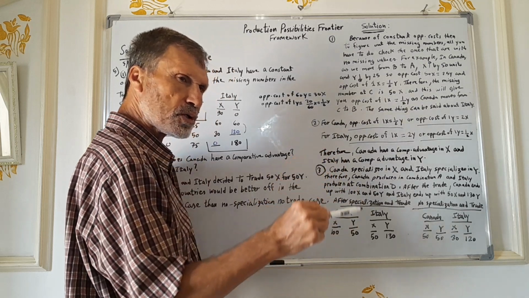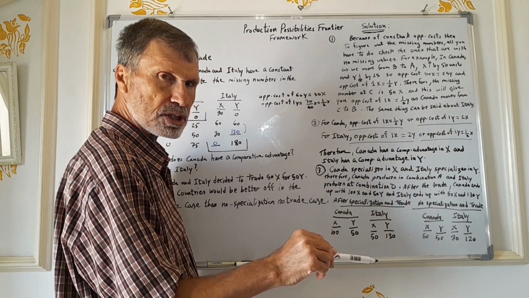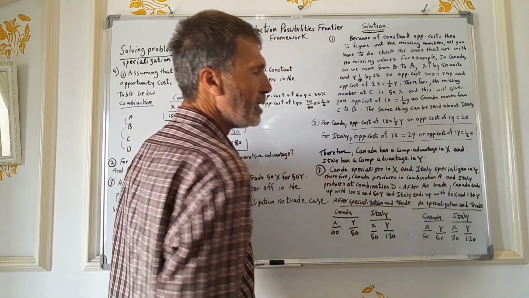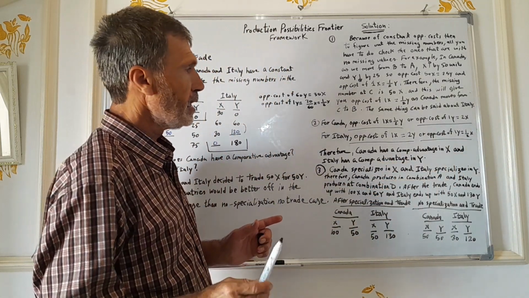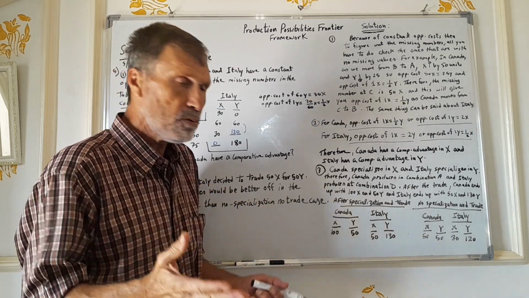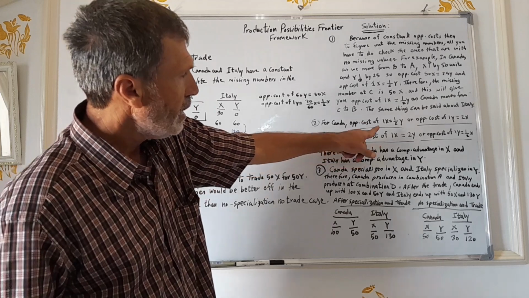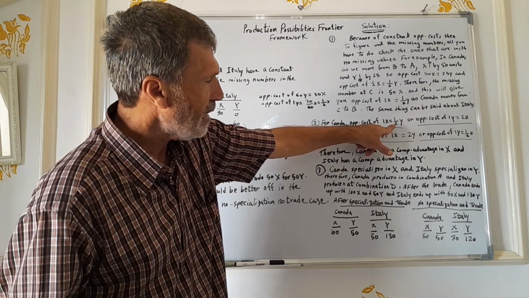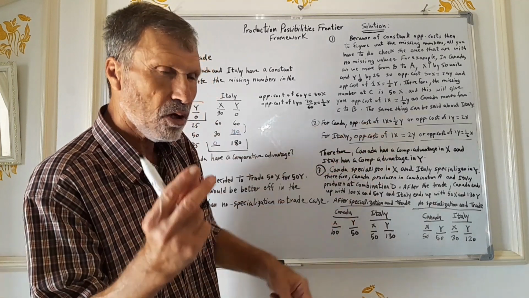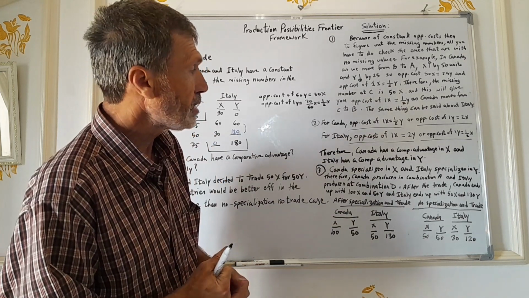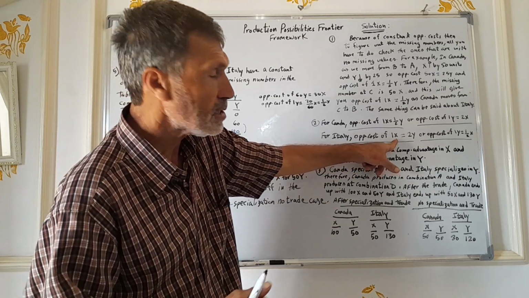And now we find the opportunity cost of 1y with respect to Italy is going to be equal to 1/2 x. Great. Now we have the opportunity costs. Now we see for x, as far as Canada is concerned, when it produces x, the cost of producing 1x is 1/2 y. What about Italy? The cost of producing 1x is 2y.